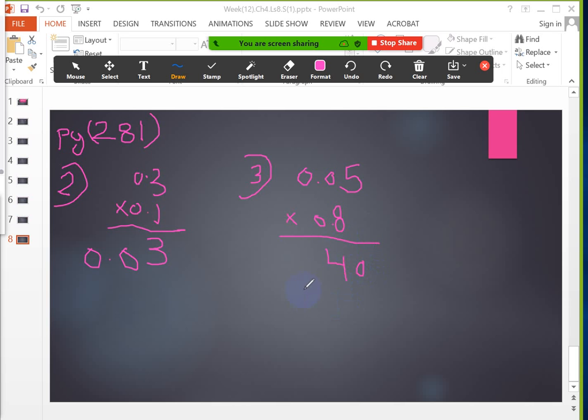How many digits after the decimal point here? I have here 2 digits and here 1. This means I have 3 digits after the decimal point here. So 1, 2, and I have to fill the third one with 0. So it will be 0.040, 4 hundredths. Okay, thank you, Shahid.